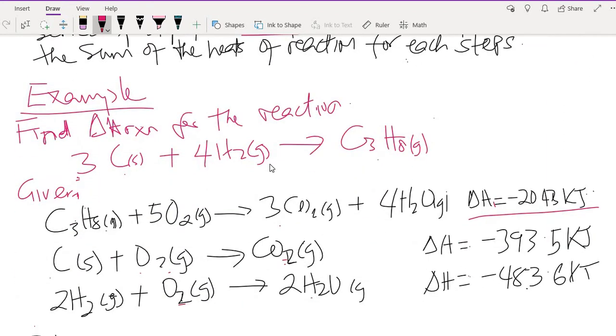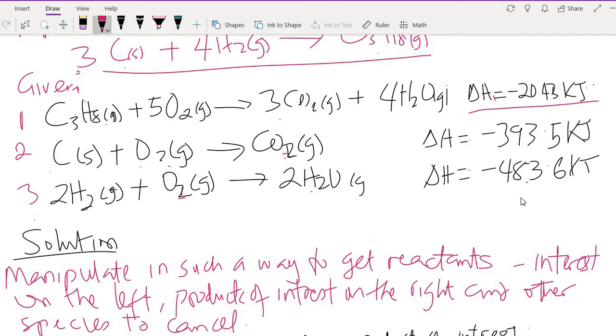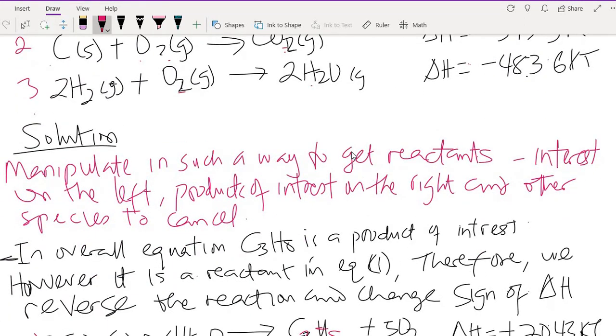For example, if you want to find the heat of reaction for this equation, given the series of equations that we have below, 1, 2, 3 with their values of delta H, what we do is we manipulate them in such a way to get the reactants of interest on the left and the product of interest on the other side.